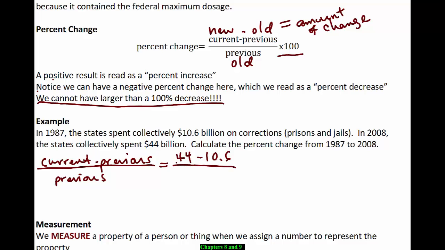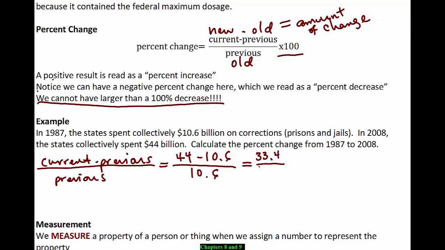And what are we measuring it relative to? Relative to where we started. So that would be the previous number, 10.6. 44 minus 10.6 is 33.4. So the change in the amount we spent on corrections was $33.4 billion. But remember, we want to calculate it relative to where we started because we're computing percent change.